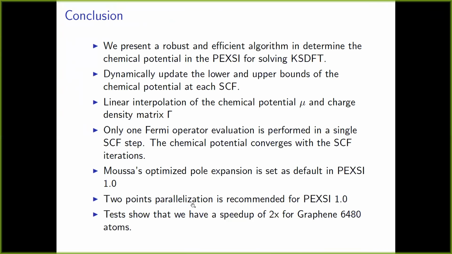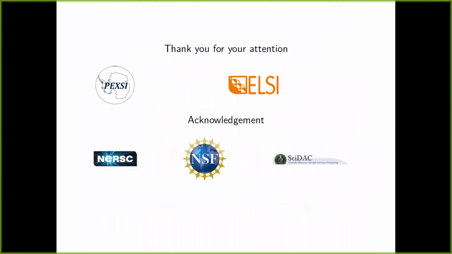And we have a new pole parallelization in PEXSI 1.0, and we will use Moussa's optimized pole expansion set as default in PEXSI 1.0. For acknowledgement, we thank the NSF, SciDAC, and NERSC. Thank you.